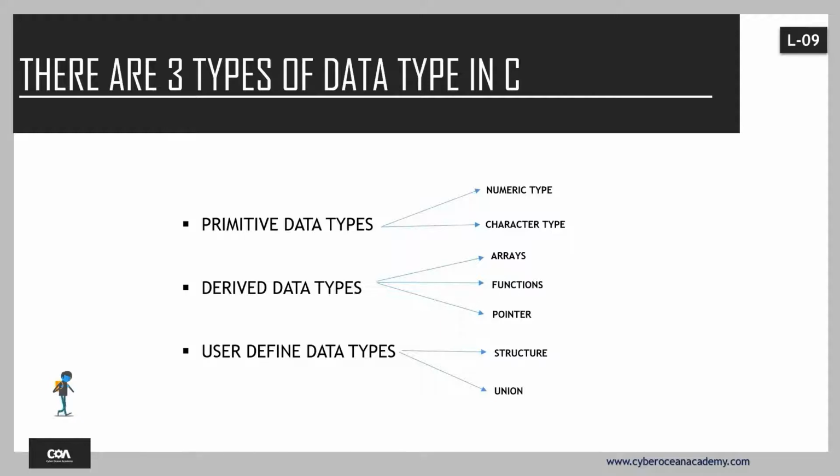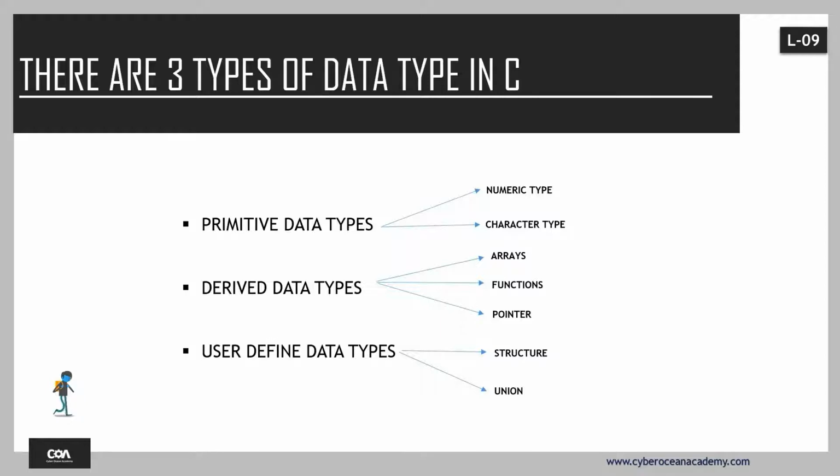Numeric data is either an integer value or a float value. Integer values are 3, -3, 4, 5. These are the integer numeric type, and 3.45, -6.78 are the floating point numeric type. Here we have another type, the character type.